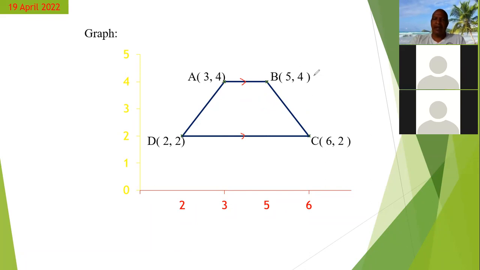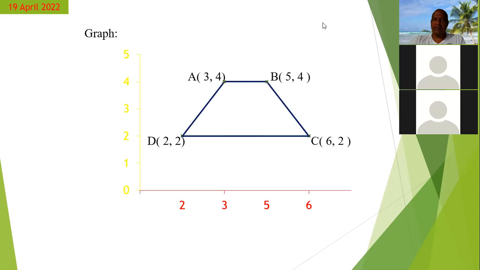All right, so the next part then, so we would have named the shape. So we say it is a trapezium. What else can we say about the shape? We want to find the area. Now, what do you know about the area of a trapezium? Let us go back and look at the shape.